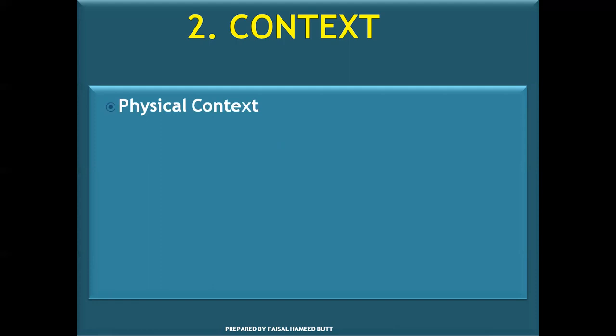Similarly, if a class starts in the morning, the response from both sides will be better as compared to a class starting in the evening. When you take a class at 9 o'clock, your efficiency, your response, your strength is better as compared to the class that starts after your lunch and prayer break, right? So time also matters a lot. In the same way, other elements also play an important role in communication, like distance.